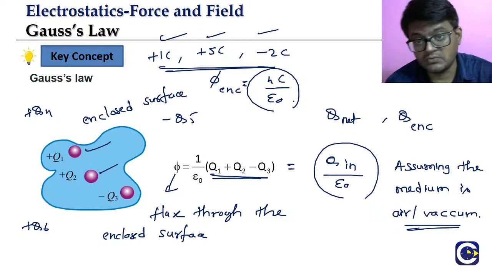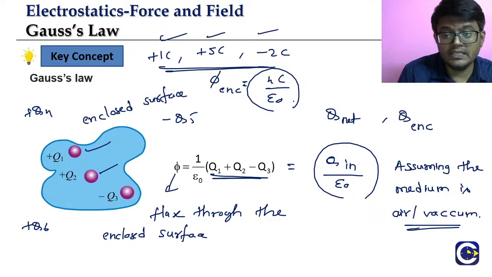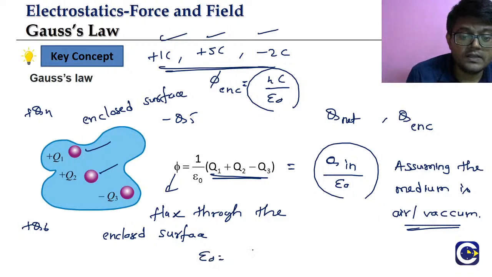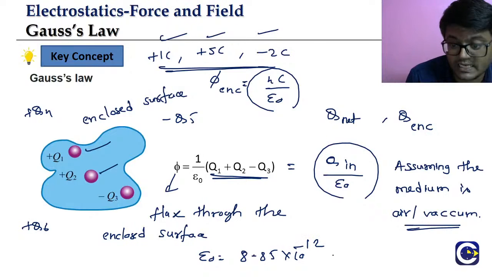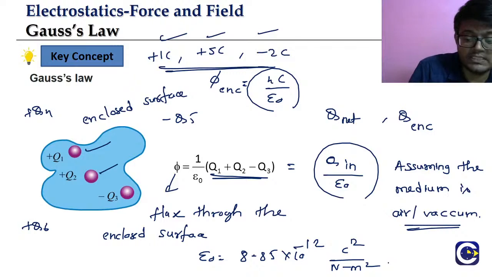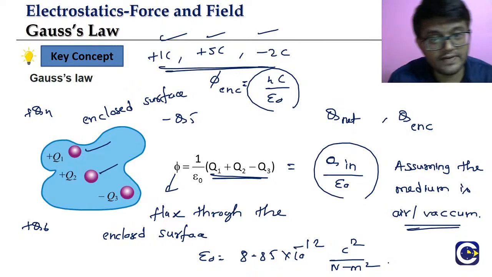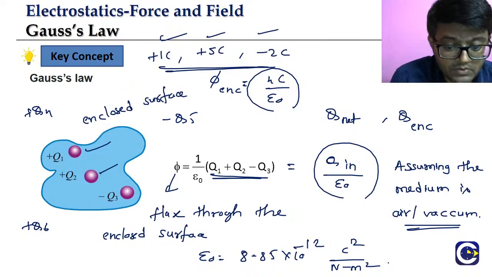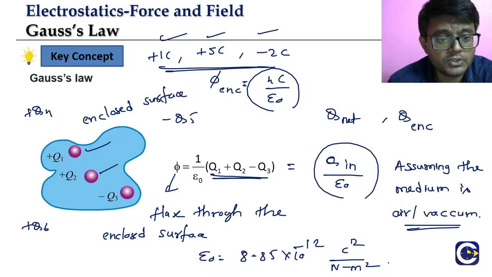We know the epsilon naught value. What is the epsilon naught value? It is 8.85 into 10 power minus 12 in terms of SI units. What is the SI unit? Coulomb square divided by Newton into meter square. Okay? So this is how we will proceed with the Gauss law concept.